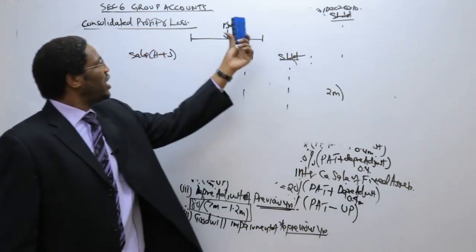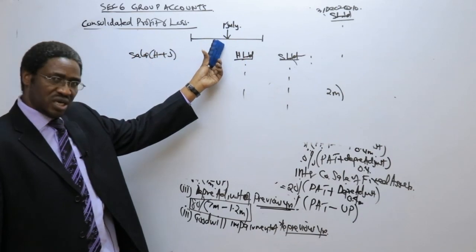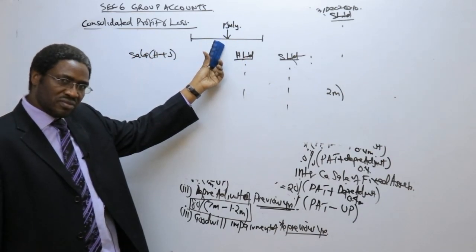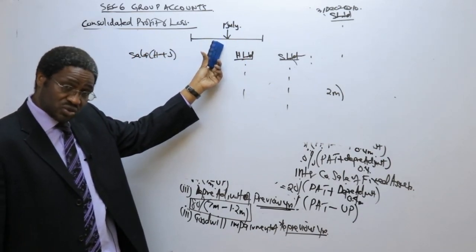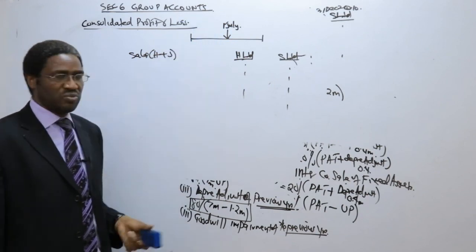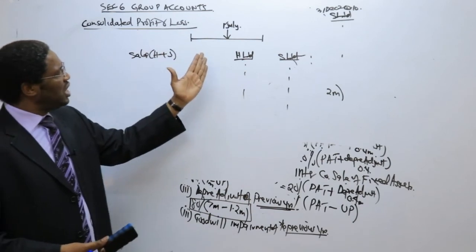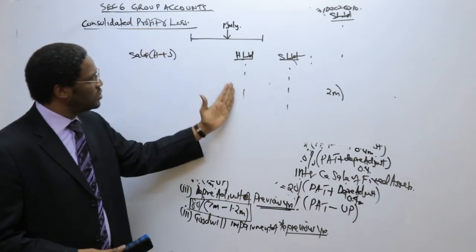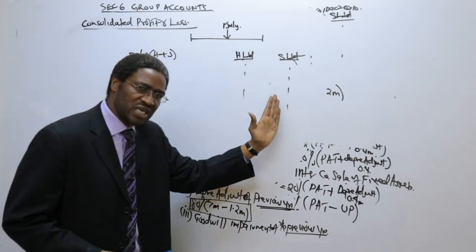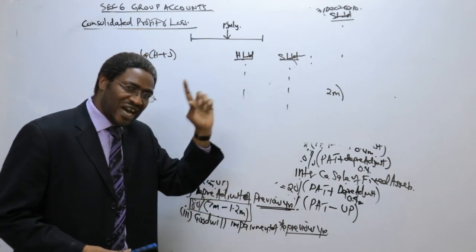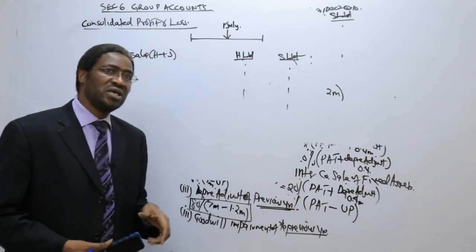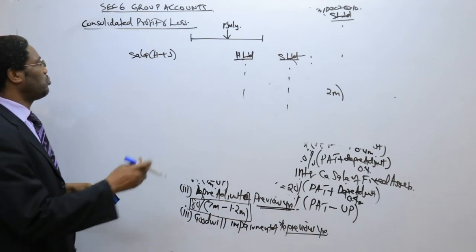If you acquired the subsidiary in between the year, that means you're given a case 1 question. The question is, were you just taking everything of the holding plus everything of the subsidiary? The answer, I hope you remember, is no.